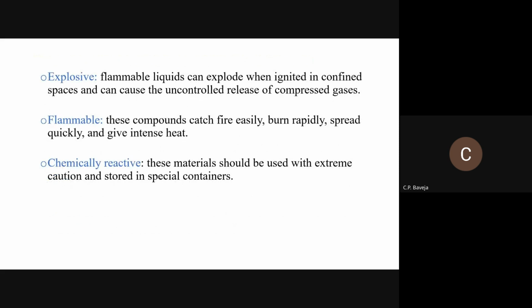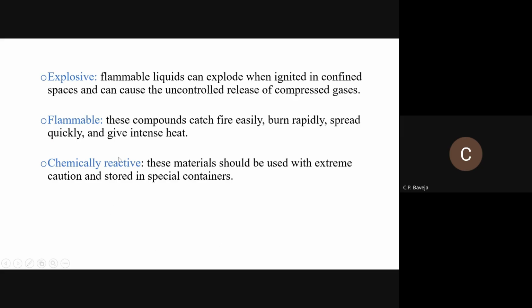Then explosive. Some chemicals may be explosive, like flammable liquids, which can explode when ignited in confined spaces and can cause the uncontrolled release of compressed gases. So gases will be produced if it explodes, and those gases can be inhaled, and again a health problem may be there.